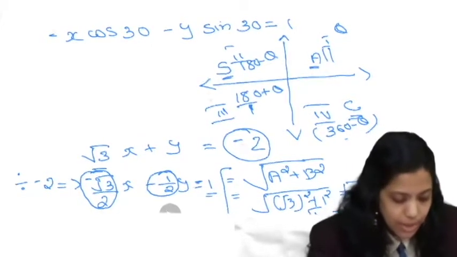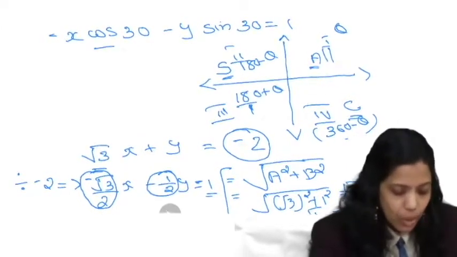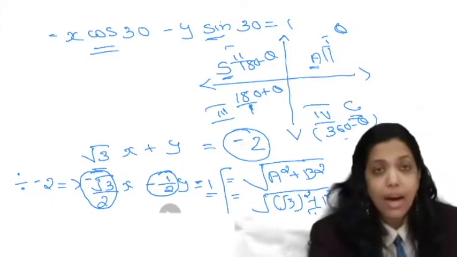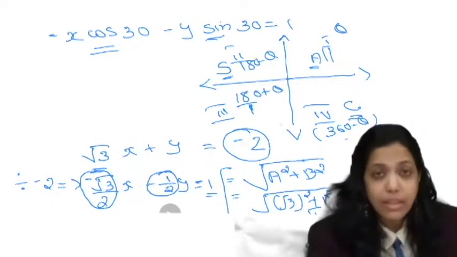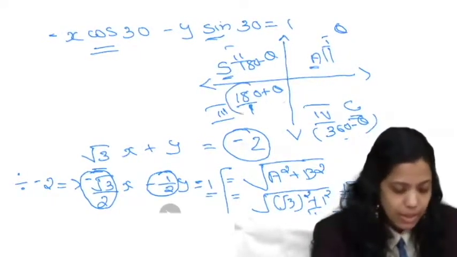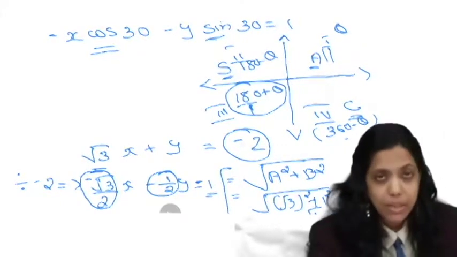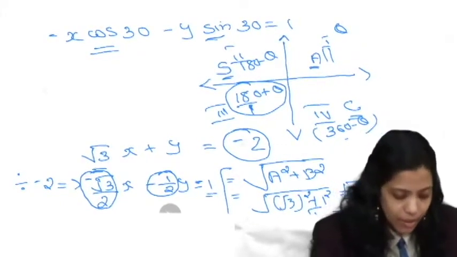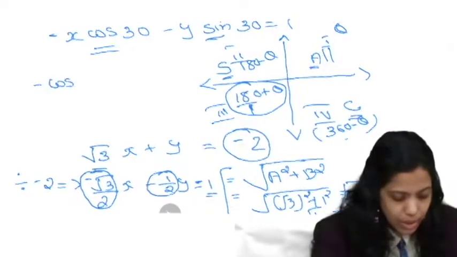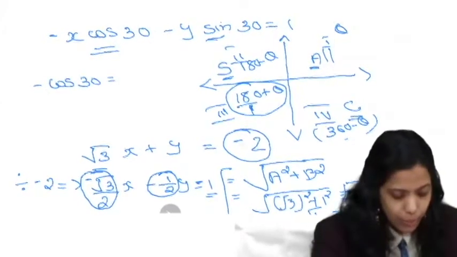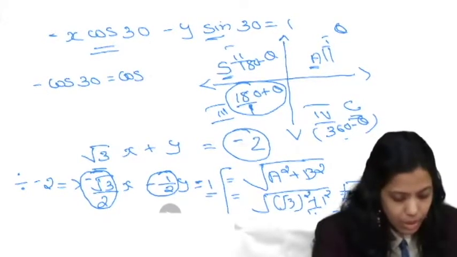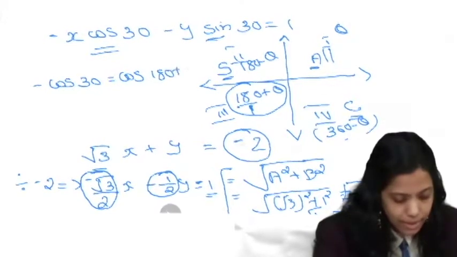So if you consider, both cos and sine are negative in the third quadrant. So here the third quadrant is 180 plus theta. So we can write minus cos 30 equal to cos of 180 plus 30. That means we are getting cos 210.